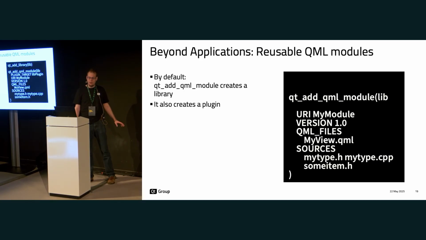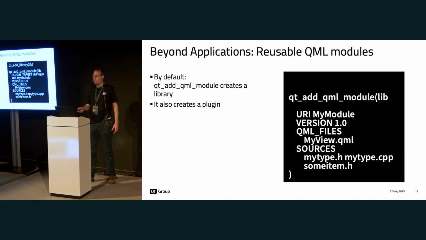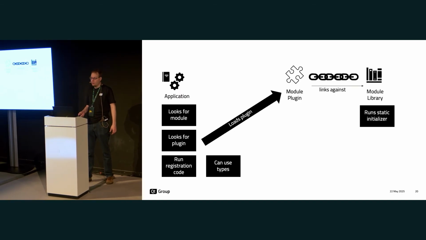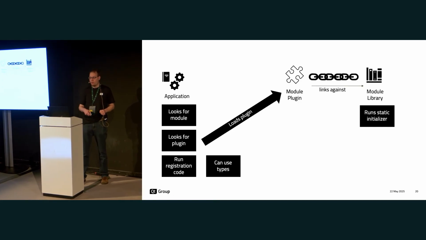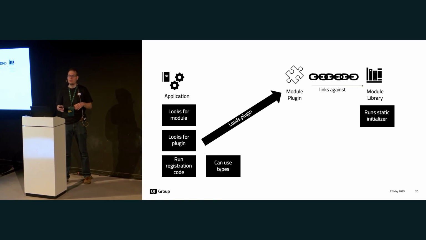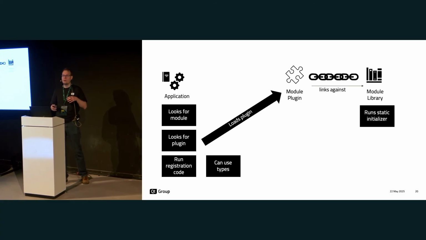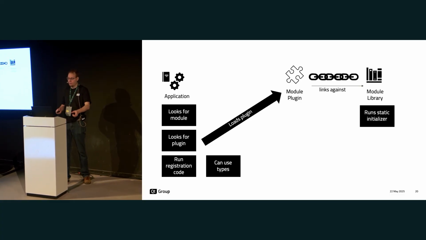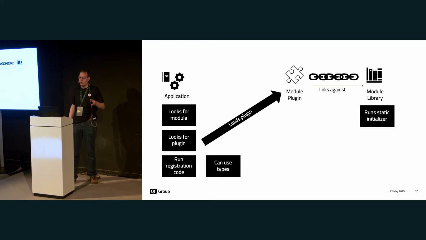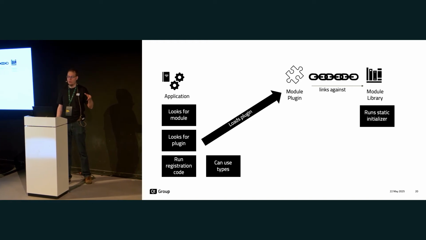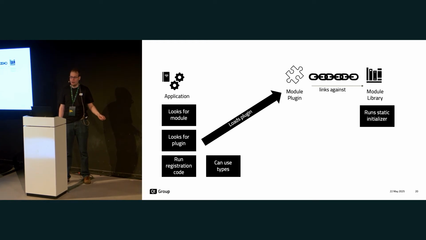And with that, we can take a look at how the plugin is used to make your module available to an application. And that looks like this. We do have our application. Somewhere we have the plugin, hopefully in a path where it's actually found. And the plugin links to the libraries that we are also generating. Now we run our application, and at some point it will look for the module.